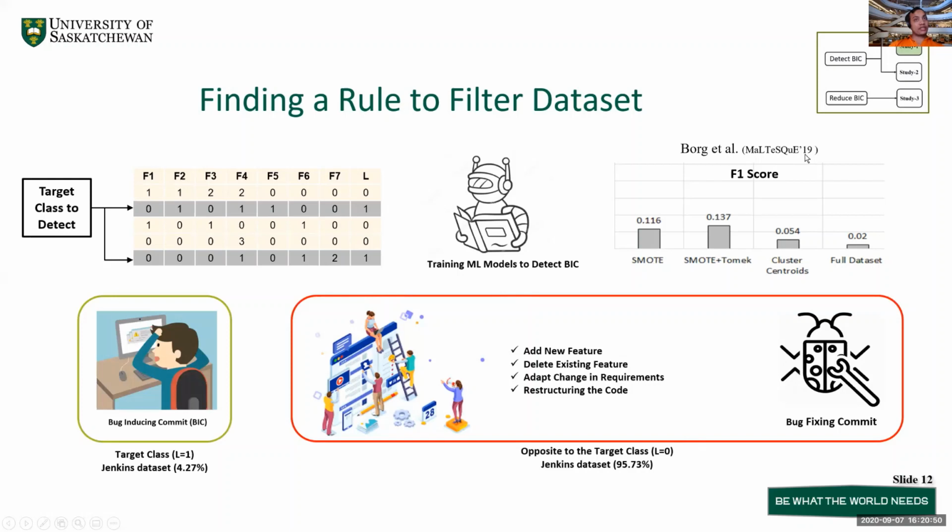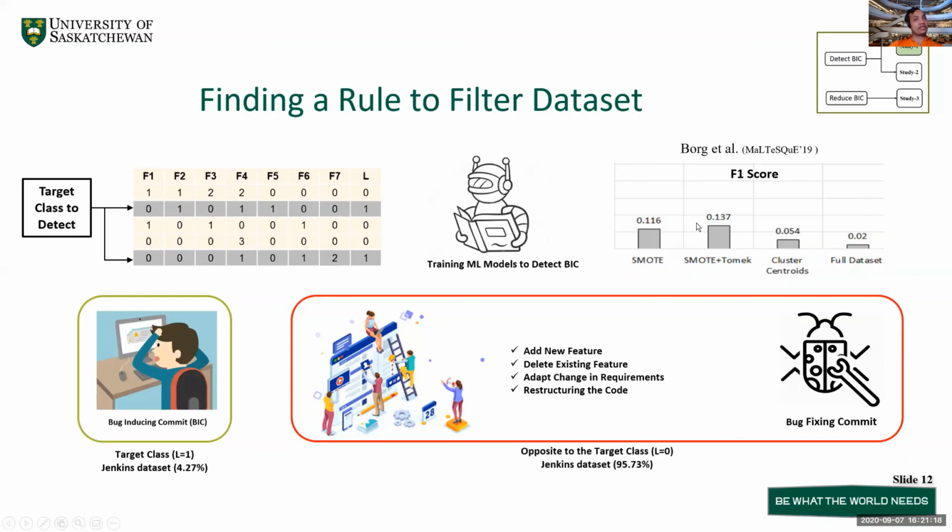A recent study published in 2019 in a workshop with ESEC shows that using these highly imbalanced data sets, they got only a 2% F1 score for detecting bug-inducing commits, or for just-in-time defect prediction.